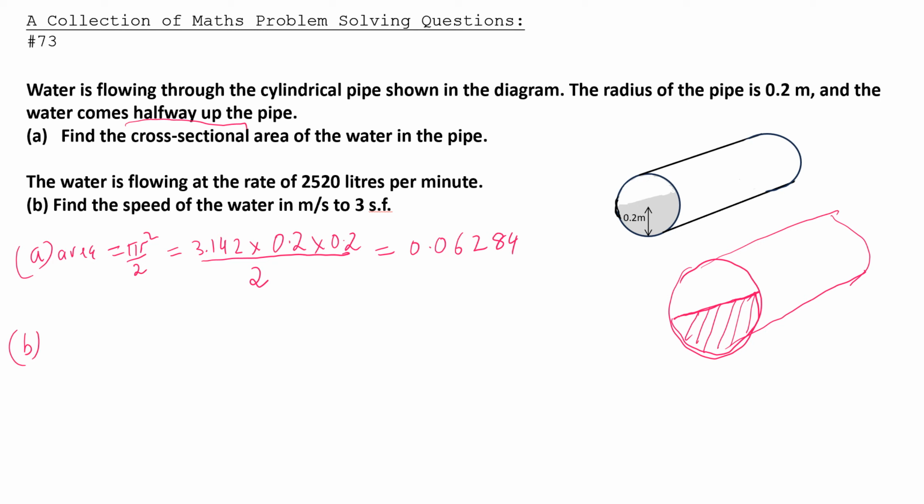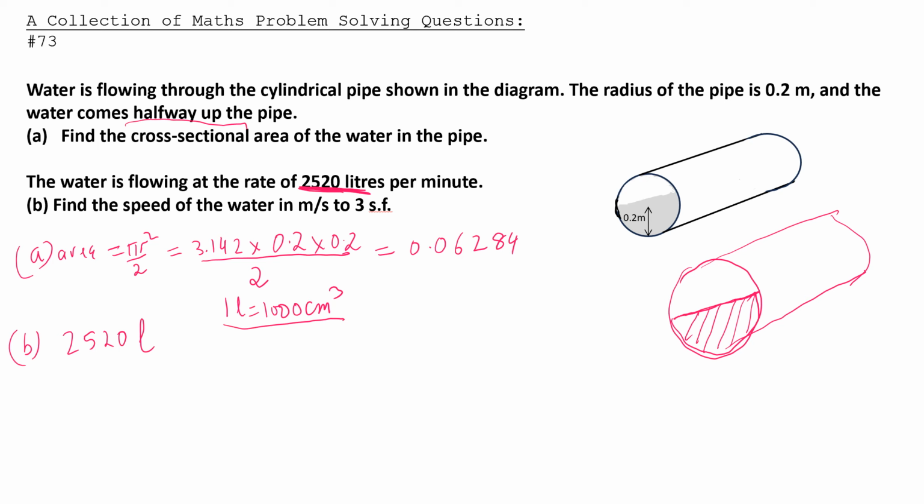what we do is we first have to convert this to meter cube per second. So 2520 liters. 1 liter equals 1000 centimeter cube, and 1000 centimeter cube we have to convert to meter cube.